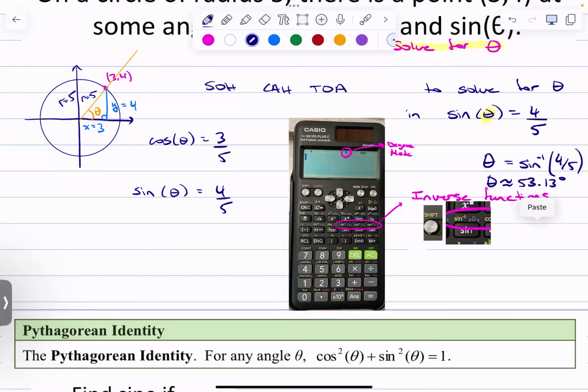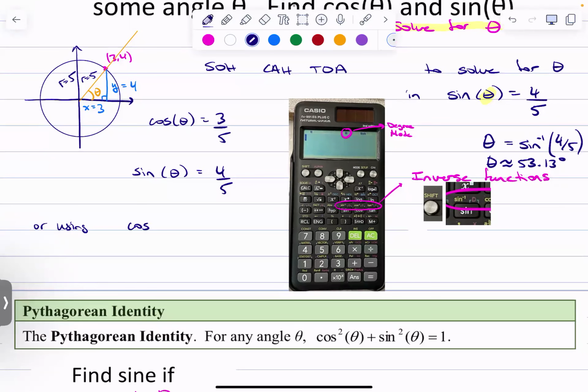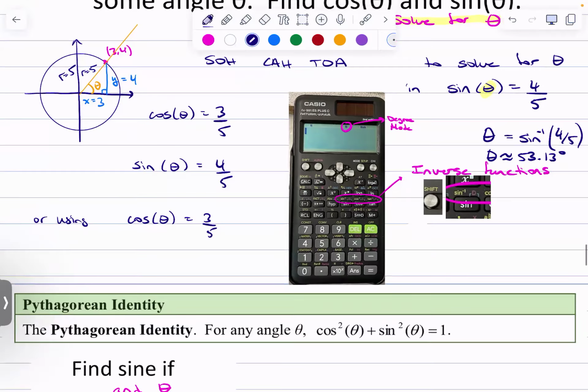We can try it using the cosine of theta equal to 3/5. Now, I'm expecting to get the same number. It should be the same angle. So I'm really hoping that we get the same number. Theta is going to be the inverse cosine of 3/5.